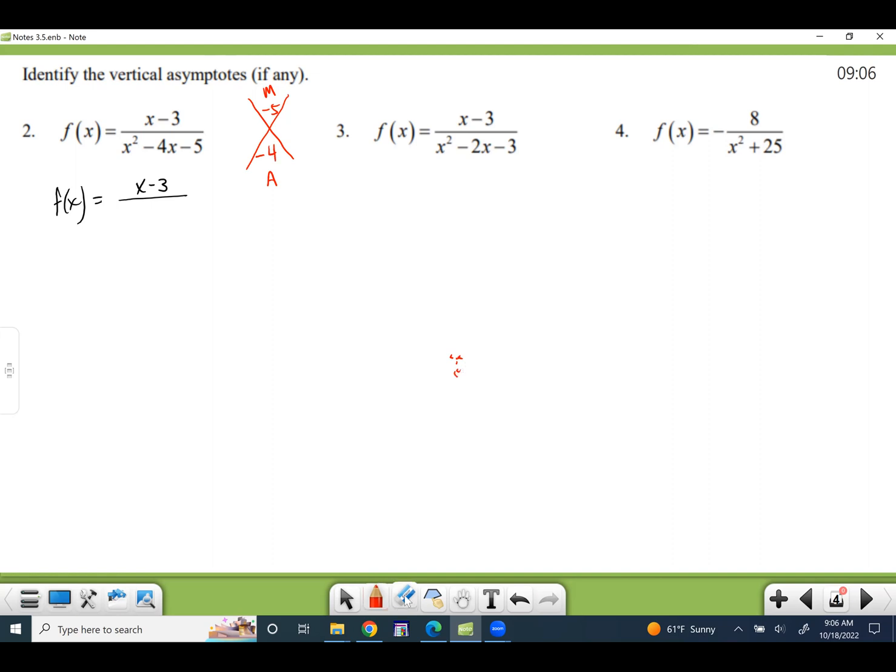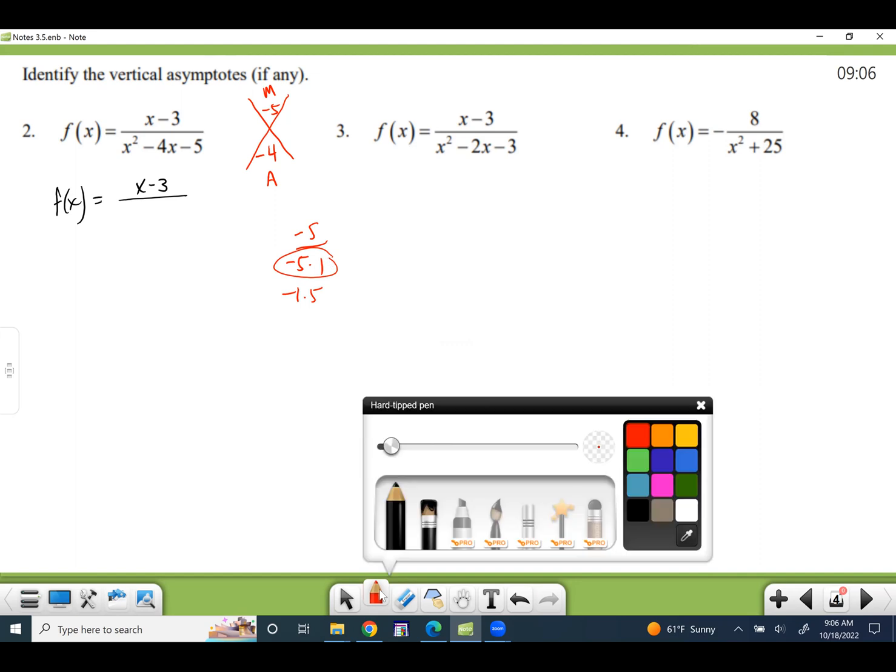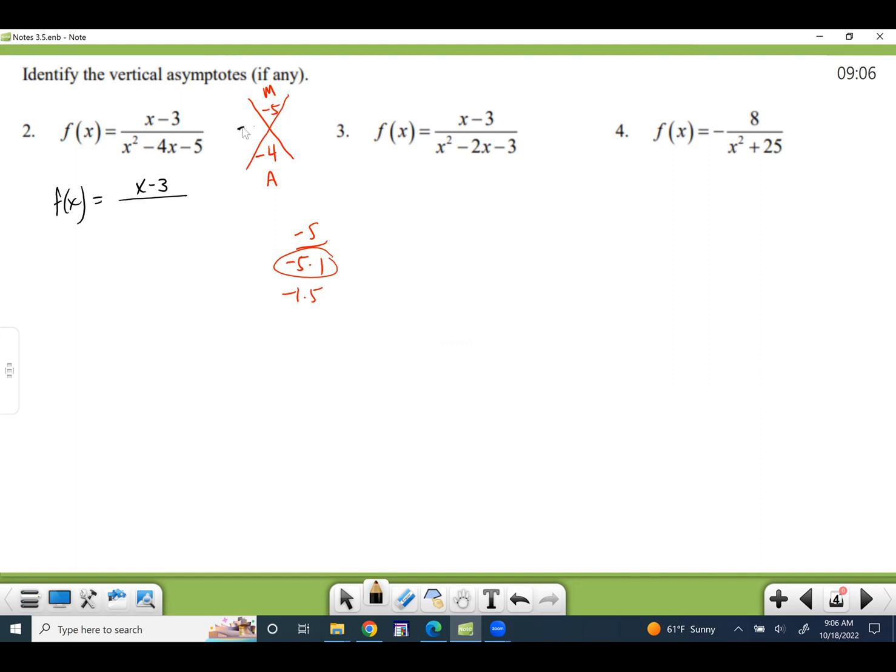It's either -5 times 1 or -1 times 5. It looks like it has to be this one if we're going to add up to -4, right? So those are what we're going to put in the blank here: -5 and +1.